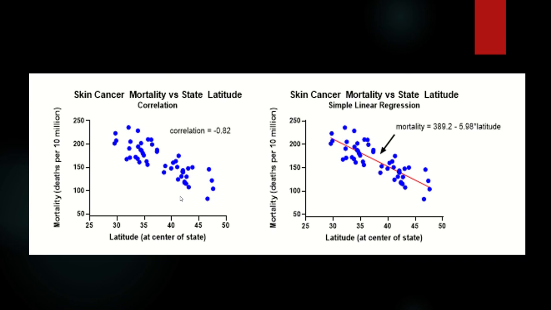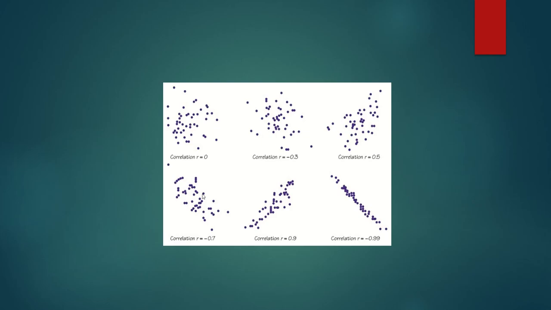As state latitude increases, skin cancer mortality decreases. So when one of them increases, the other one decreases. There is a negative relation.